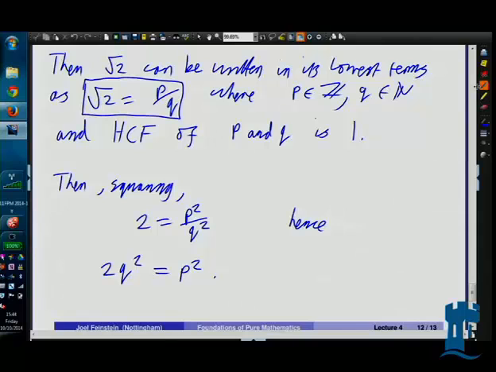So from this expression, note, both are integers. We're only using integers now. The expression involves integers.